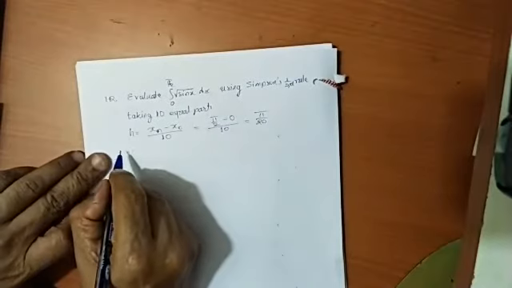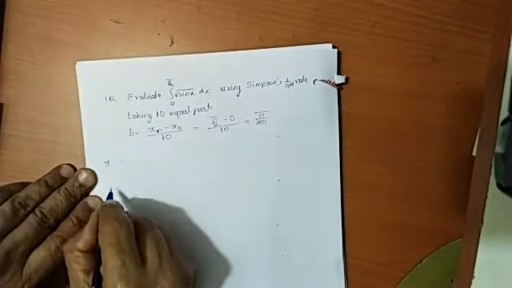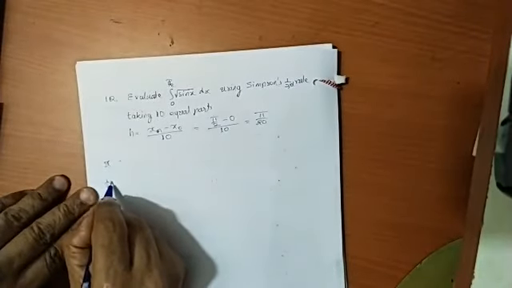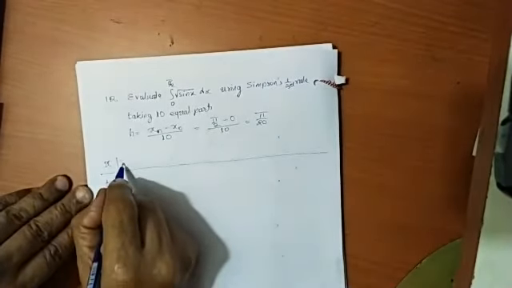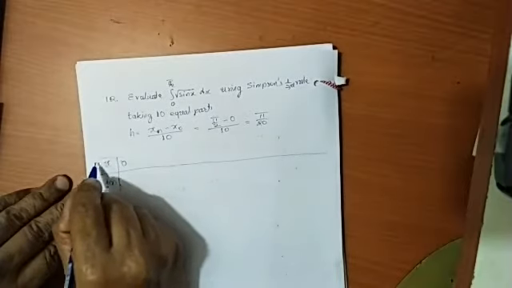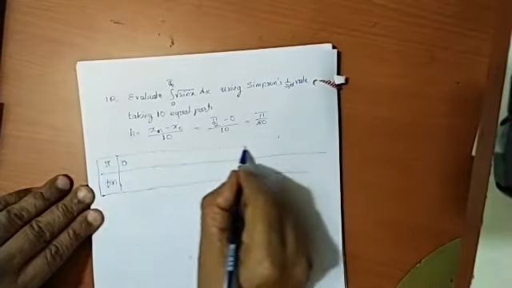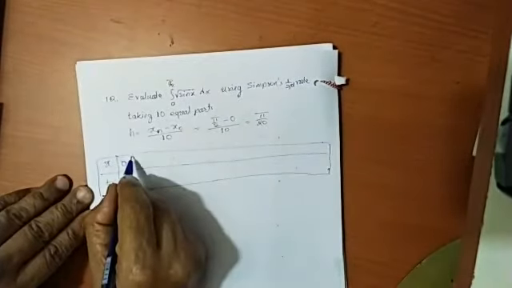Now I start writing the table. x is equal to, then the value of the function f(x) is equal to. Here I have to have 10 values. It starts with 0.